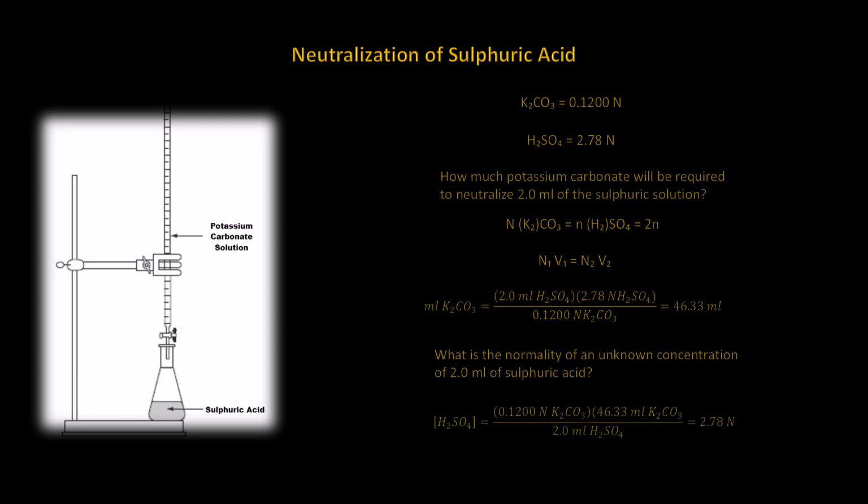The concentration can now be calculated by multiplying the 0.1200 normal potassium carbonate by the 46.33 milliliters of solution dispensed, then dividing by the 2.0 milliliters of sulfuric acid, as shown is 2.78 normal. Now, as shown, this method can also be used to standardize the sulfuric acid by titrating with a primary standard of potassium carbonate.